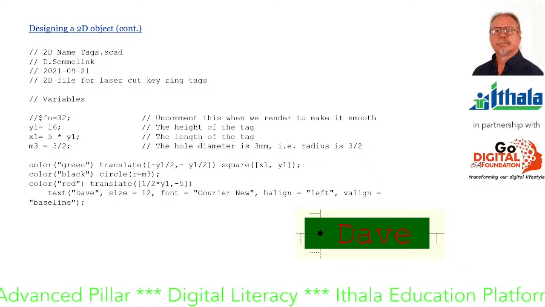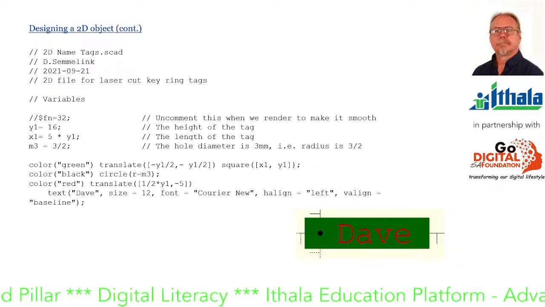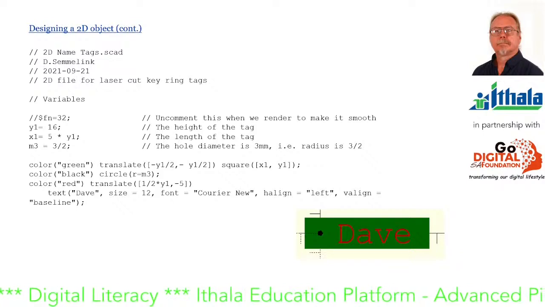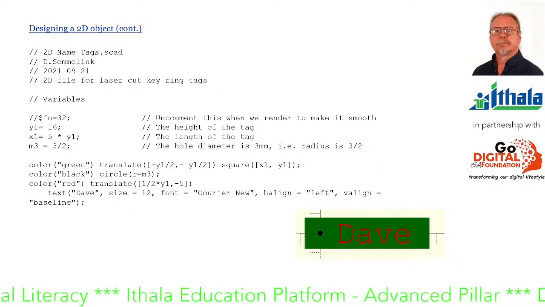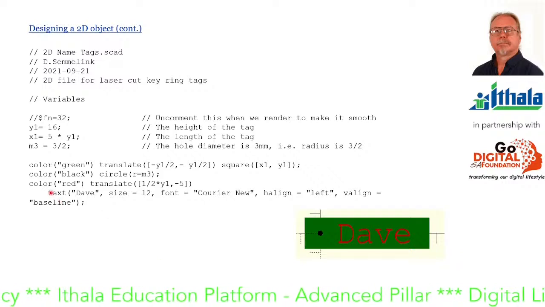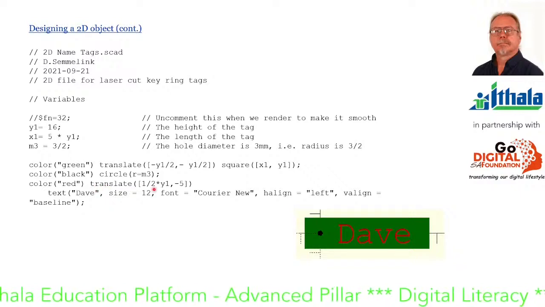Now if we're making a key tag, we might want to put people's names on it. We use the OpenSCAD text command to create the text. Apart from specifying the text to print, we can set the font size, font name, horizontal alignment, and vertical alignment. I've made it red so that we can see it. Say translate.